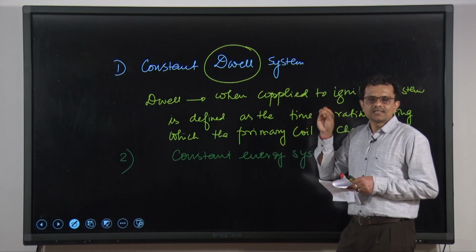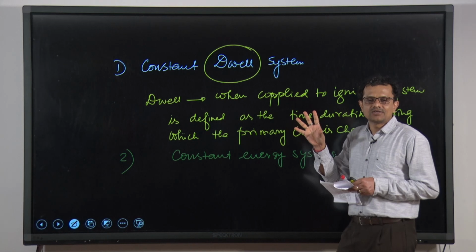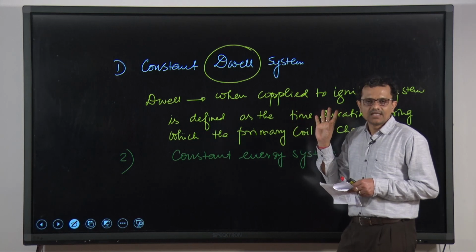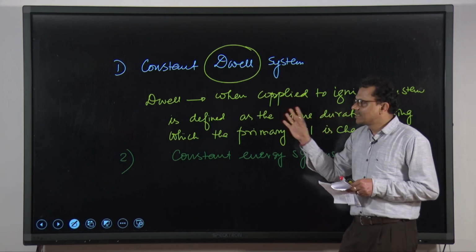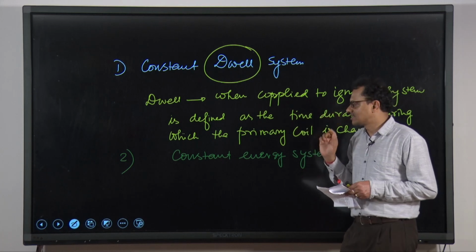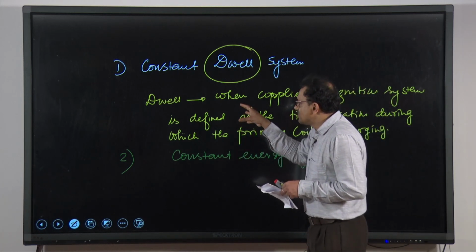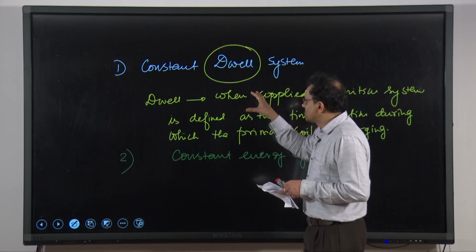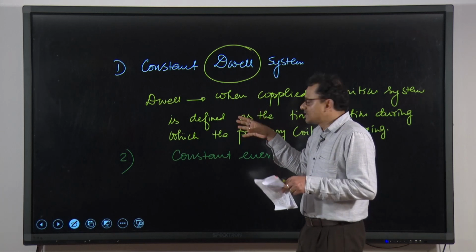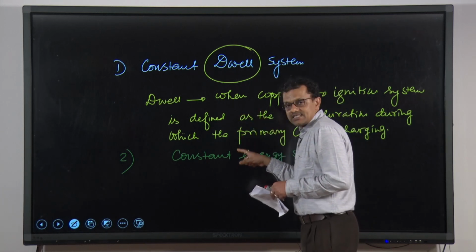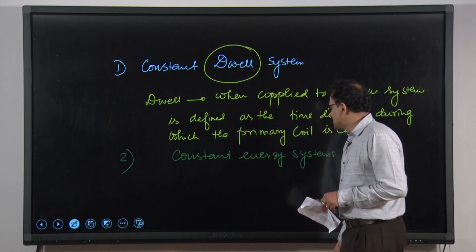So, we need to supply some pulse to the primary circuit to open and close irrespective of the engine speed, and that is what is done using the electronic ignition system. Now, as I said, the constant dwell system is also almost replaced, without exception, by the constant energy system.